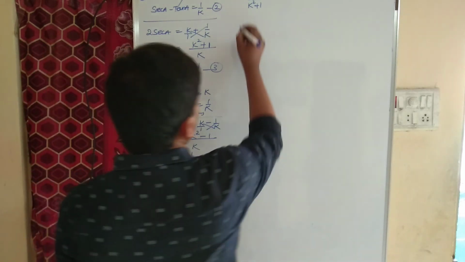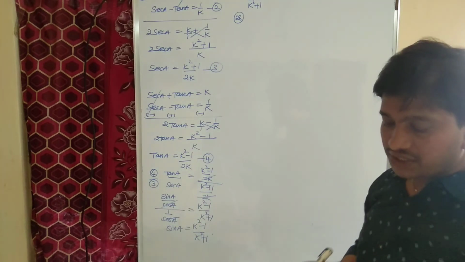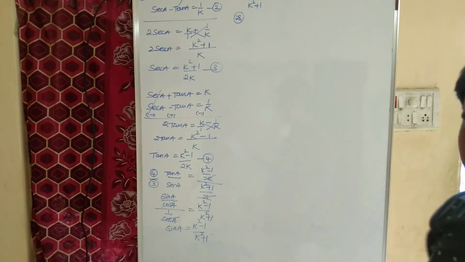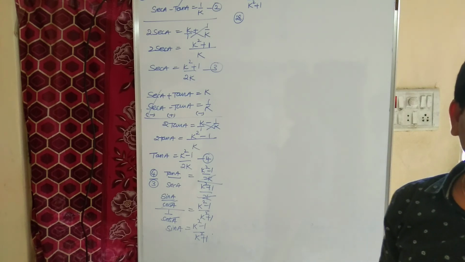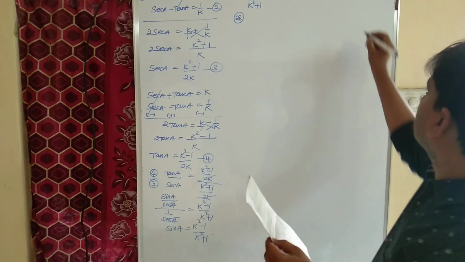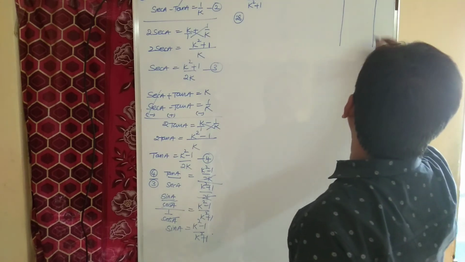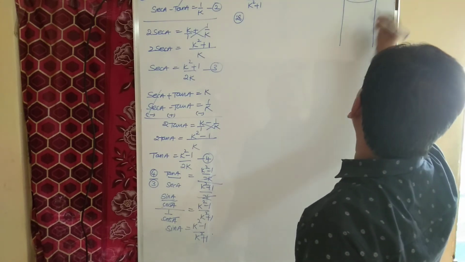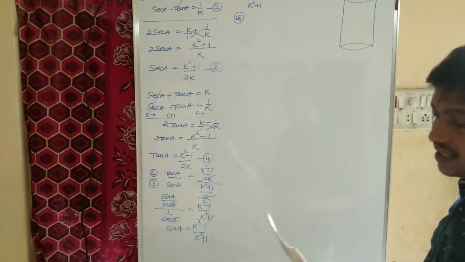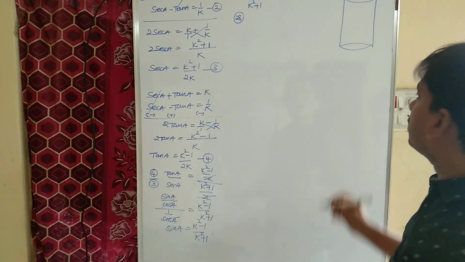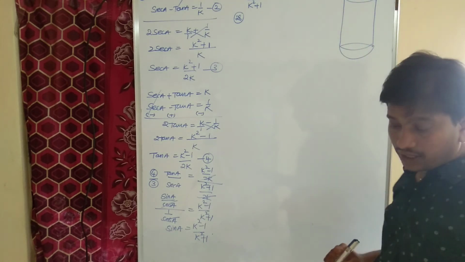And coming to the last question. A storage tank consists of a right circular cylinder with a hemisphere stuck on either end. This is our storage tank.